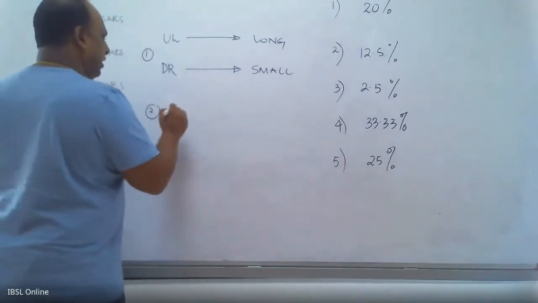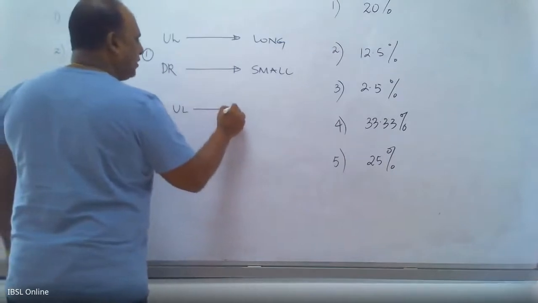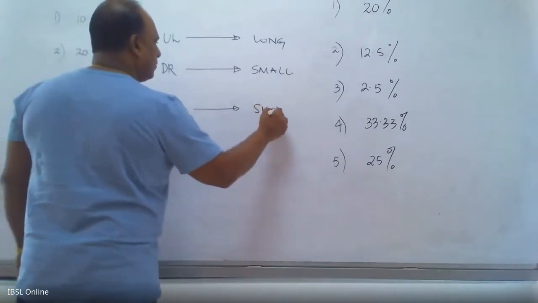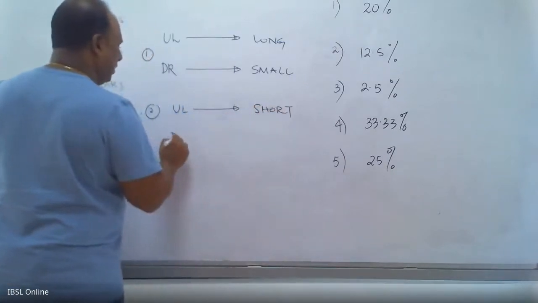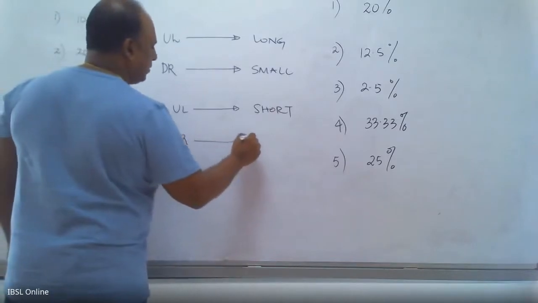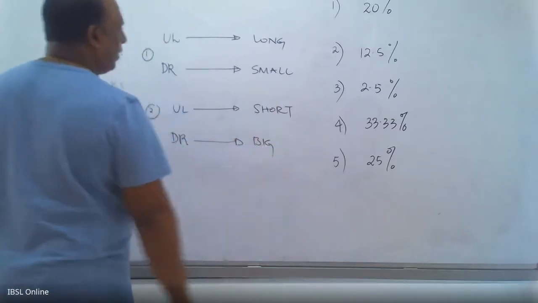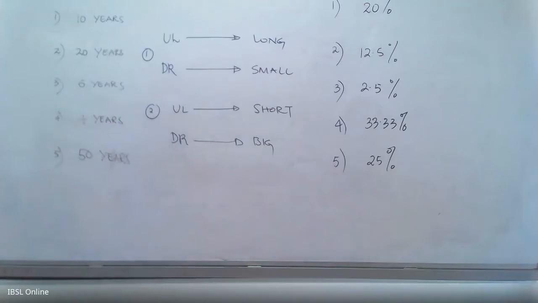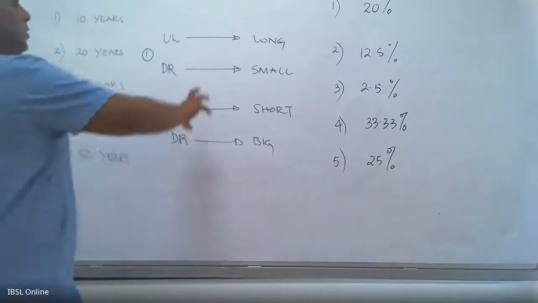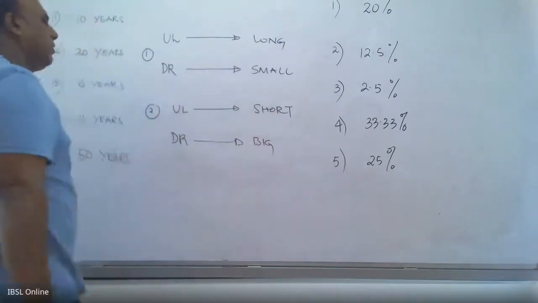Then when the useful life is very short, the depreciation rate will be higher. Conceptually you need to remember this. Companies have to be knowledgeable about using these depreciation rates.